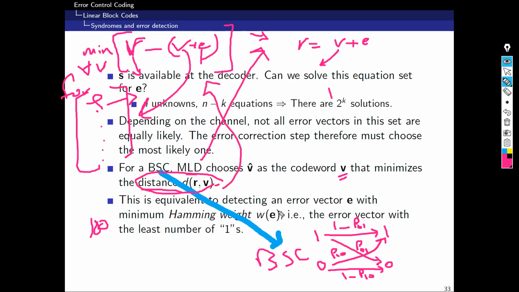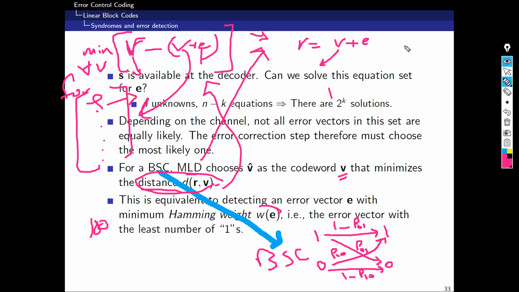This is equivalent to detecting an error vector E with minimum Hamming weight. Yes? Hamming weight is like the distance. Here it finds the distance, and because the values of R and V are ones and zeros, this becomes like a distance.